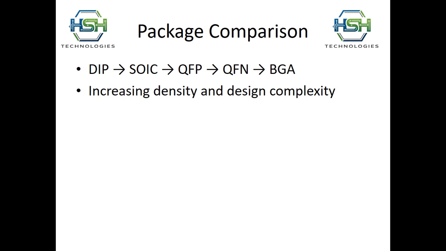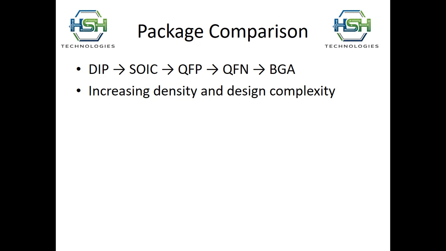So for the package comparison, it's the same as how I said everything. For the beginner, you start with DIP and then move to SOIC, continue to QFP and QFN, too. So there are many packages, because DIP is easy to solder but large in size. SOIC is small size but still beginner friendly.